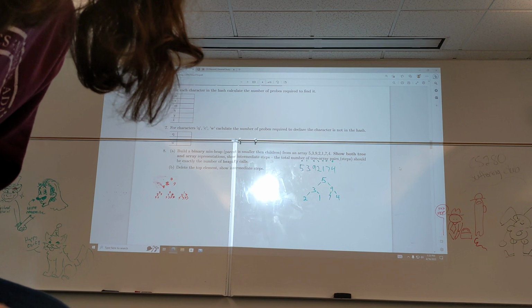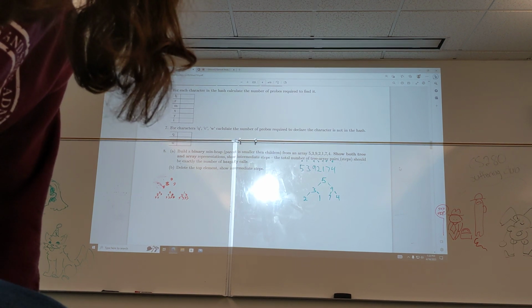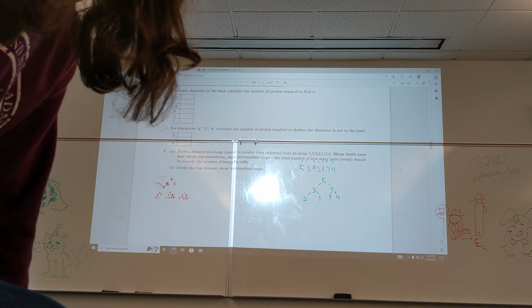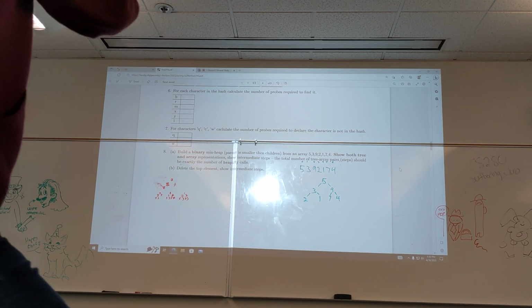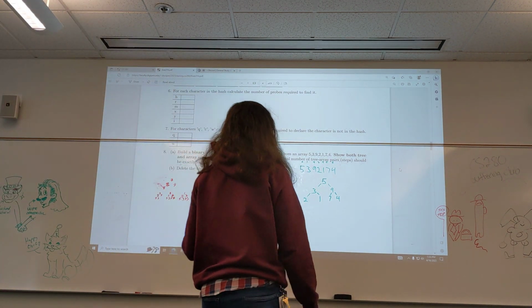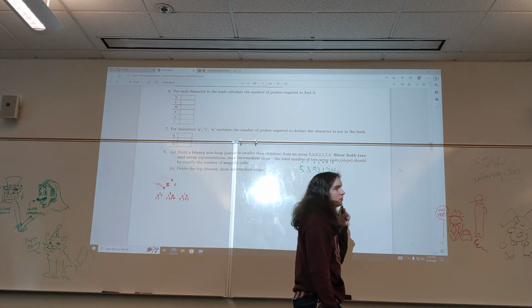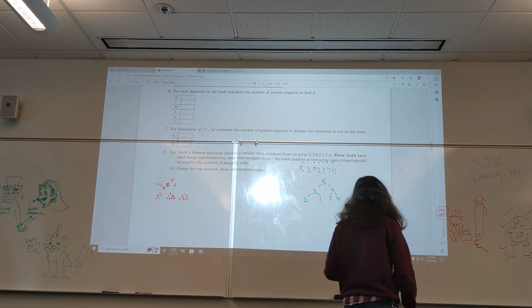Which means to find its smallest child, swap it with its smallest child, and then heapify it again. So trickle that value down until it is not greater than its children.